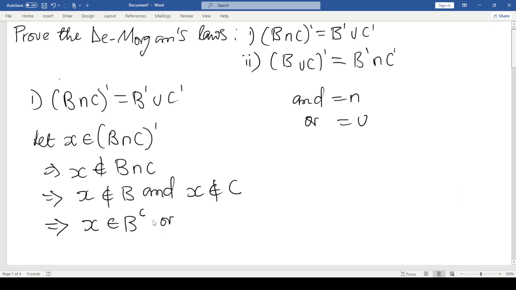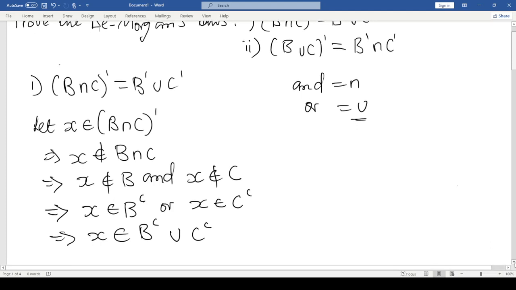So X belongs to B complement, or X belongs to C complement. So you can just join the two here. We say that if the word is "or", then we use the symbol for union. So this simply tells us that X is a member of B' ∪ C'.